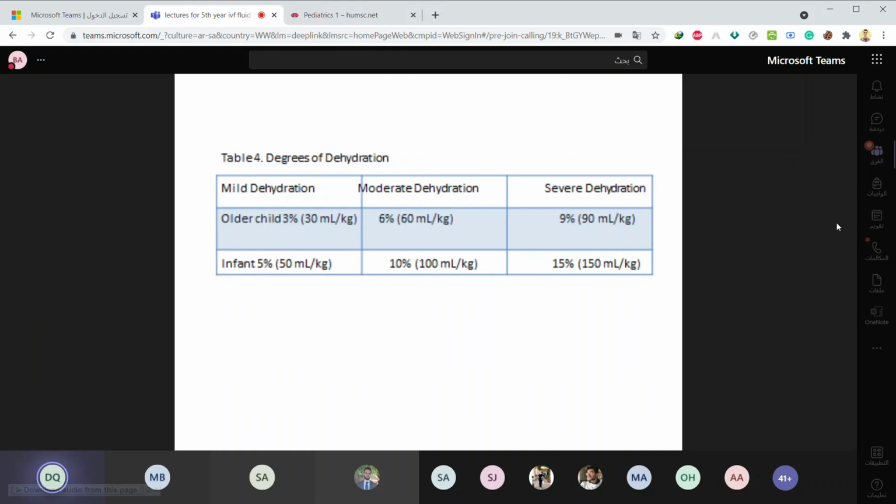So if I told you that the patient has 7% dehydration and he is 10 kilograms, how do you calculate his deficit? If it's 6%, it's 60 per kilogram. If it's 7%, it's 70 per kilogram. His weight is 10, so 70 times 10 will be 700 ml, okay?